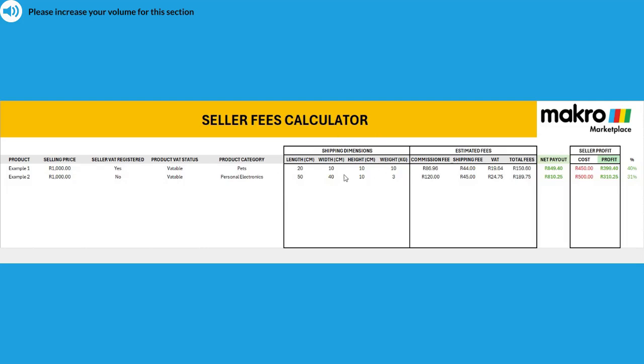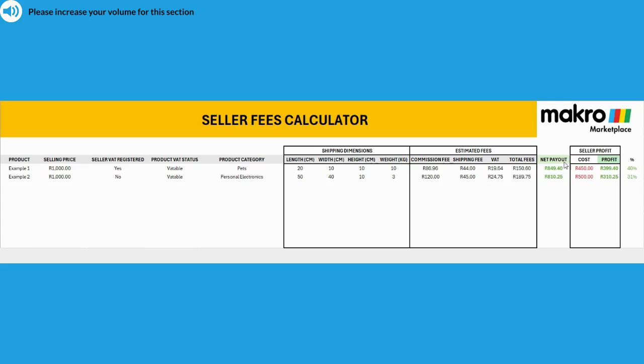And then in this section here, these are the shipping dimensions which you then need to specify, which is the length, width, height and weight. Once you've captured all of these details, the calculator is going to automatically populate the calculation, which is the commission fees that you will be charged, the shipping fees that you'll be charged, and the VAT that you'll be charged. And then this here would be the total.